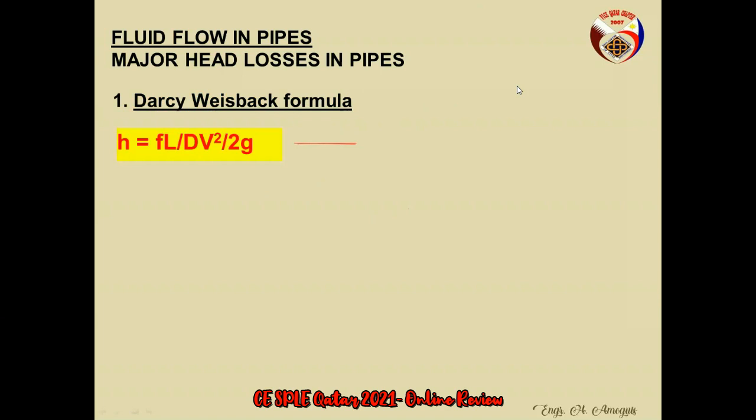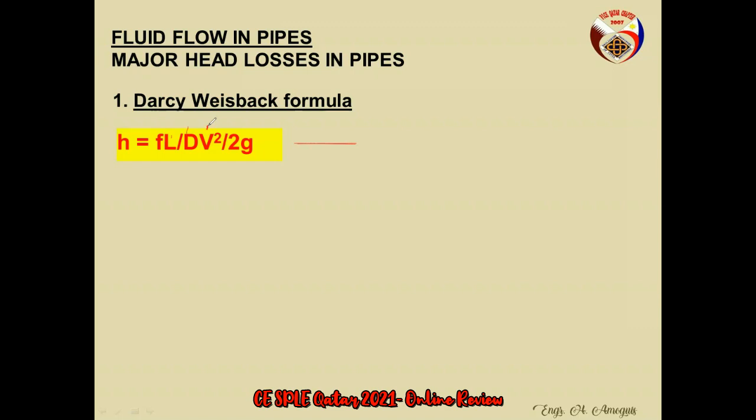What is head loss? The head loss in a pipe has major loss and minor loss. The major loss is a function of length, diameter, and velocity. In the equation you'll see L, D, diameter, or maybe discharge, and velocity. This is the major loss due to the length of pipe, due to friction.